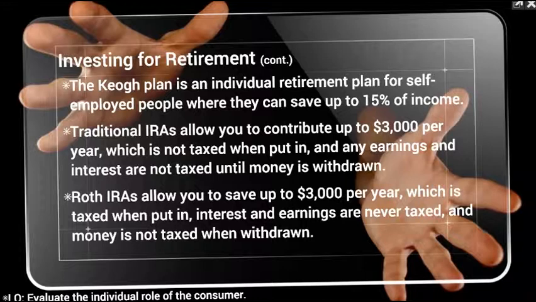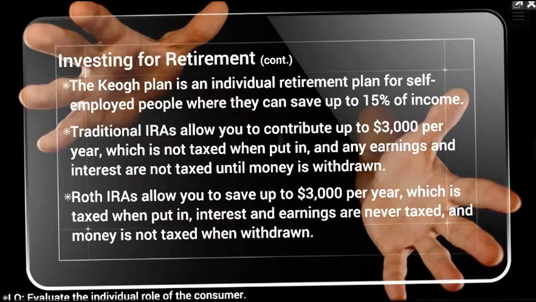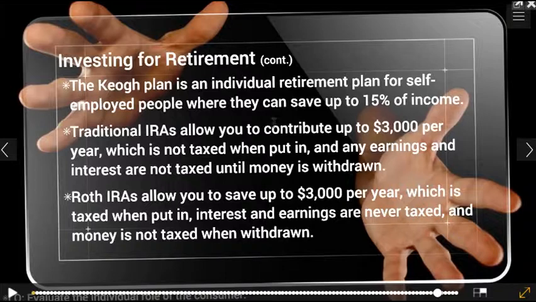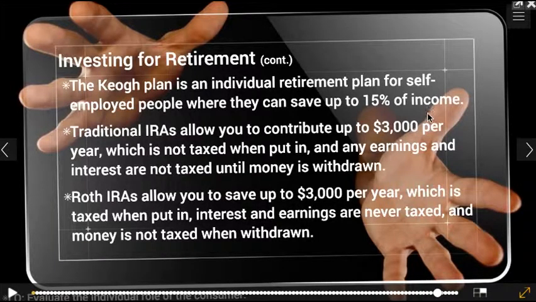So if you were trying to decide, for example, whether you wanted to establish a traditional IRA or a Roth IRA, the things you would have to consider: both of them let you invest up to $3,000 per year. Now, if you choose to go with a traditional IRA, because you are not taxed when you put it in, this enables you to potentially put more into it if you're having a hard time coming up with the $3,000.